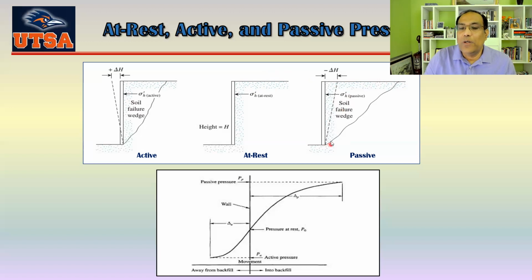So that will try to create a crack in that line, and at this time we call that one the passive state, and the pressure from the soil to the wall, we call that one passive pressure. Okay, so horizontal pressure could be three different situations: at rest, active, and passive, based on whether your wall is still there or it's moving inward or outward of the soil.